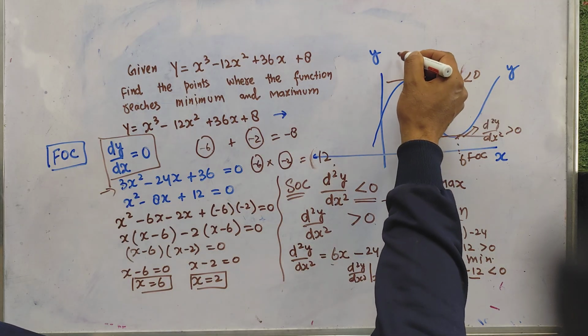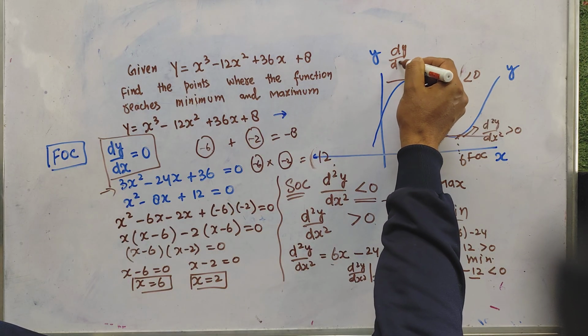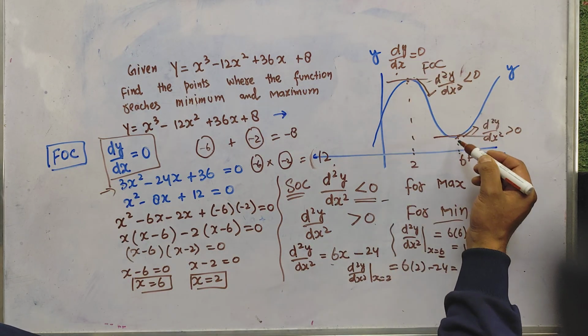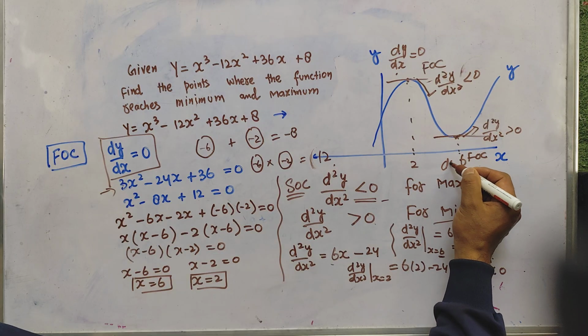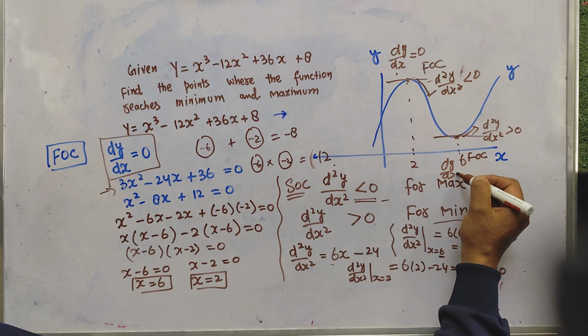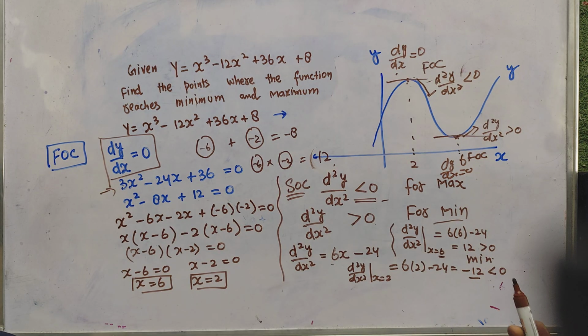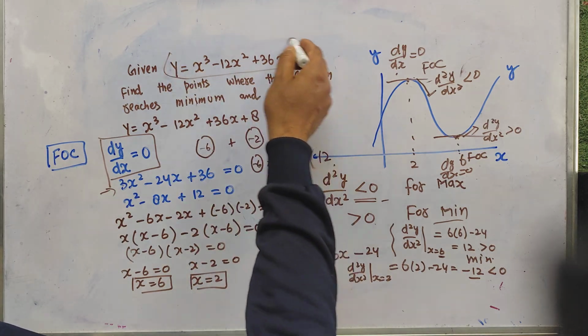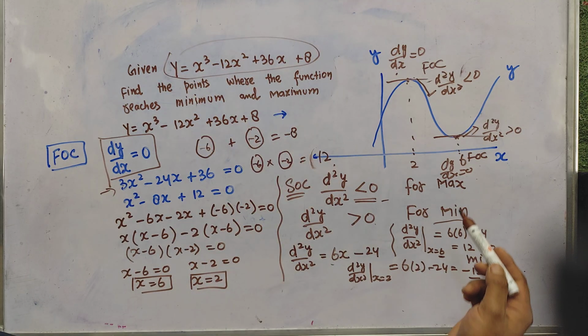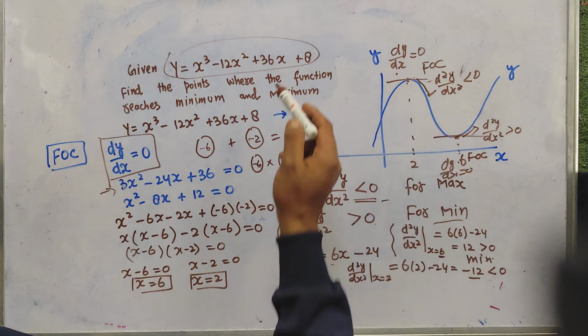So when the slope is equal to 0, that means dy upon dx is equal to 0 at this point, and at this point also dy upon dx is equal to 0. So this function reaches its relative minimum at x is equal to 6 and its relative maximum at x is equal to 2.